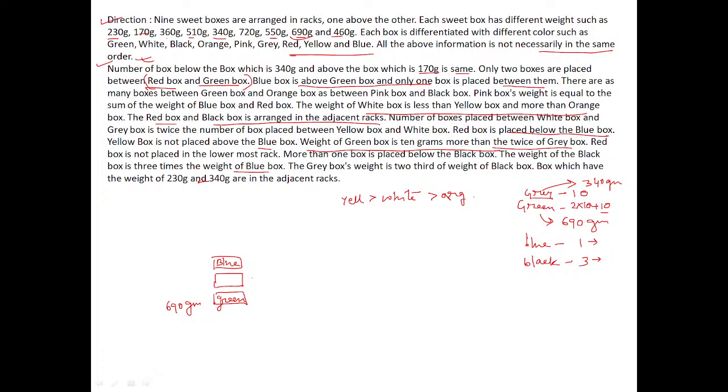This place is not for red. So we have to make two boxes here, and here comes red. And again it's saying that red box is not placed in the lowermost rack. So there must be a single box here, maybe more, but for the time being at least one box is immediately below red, right? Okay. Blue box is above green box. Okay, this is done. One box between them.